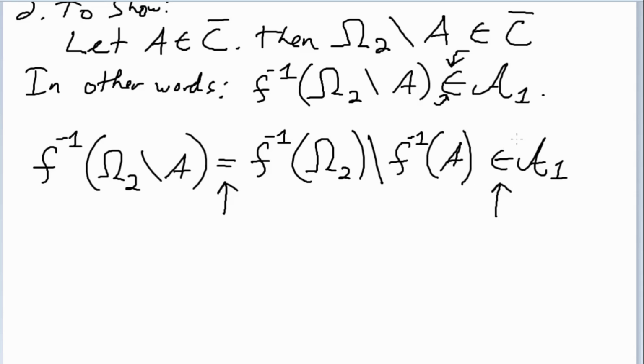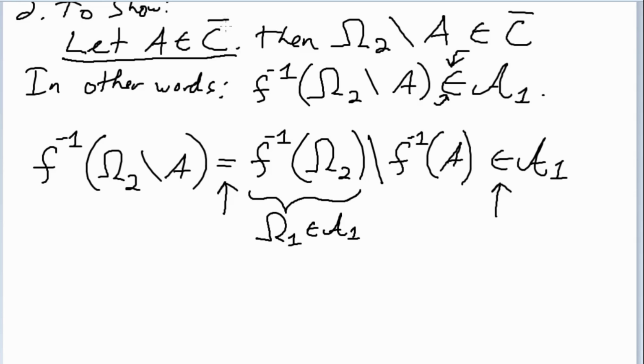So let's start here again. We know from before that the pre-image of omega 2 is in A1, and indeed it is omega 1. Right, that is just omega 1, and that is certainly in A1. And our prerequisite here was that A be in C bar.